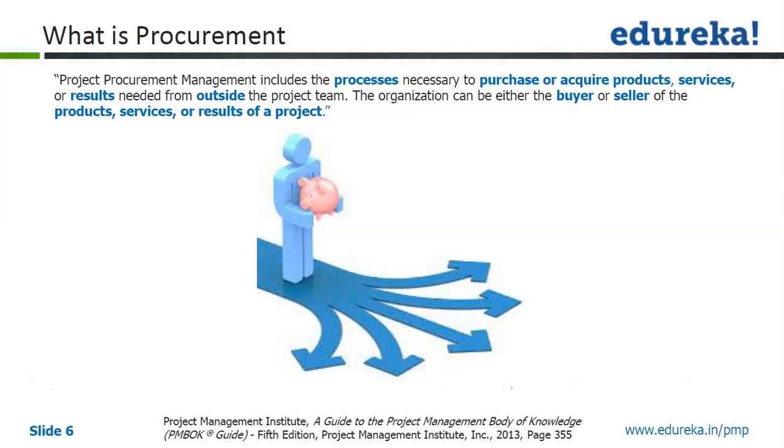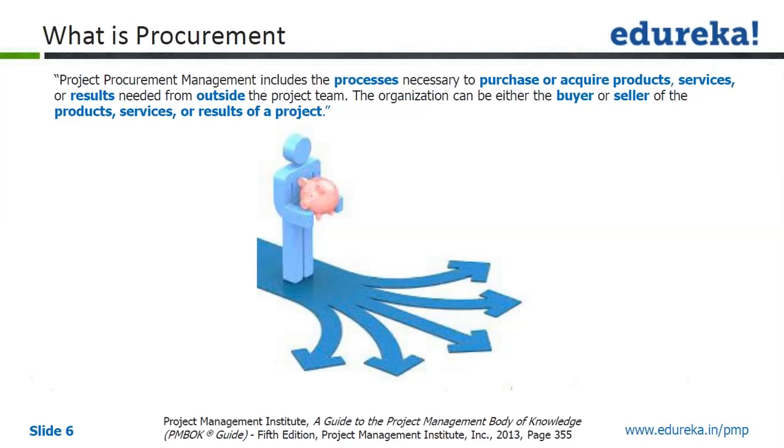But the buyers can be customer, client, I mean they can be named by various names, as appropriate in the context of that industry. Sellers can be contractors, subcontractors, then consultants and so on.